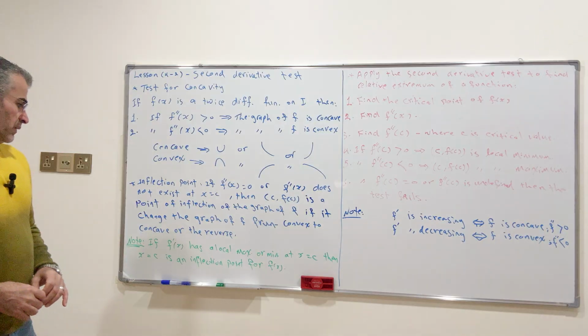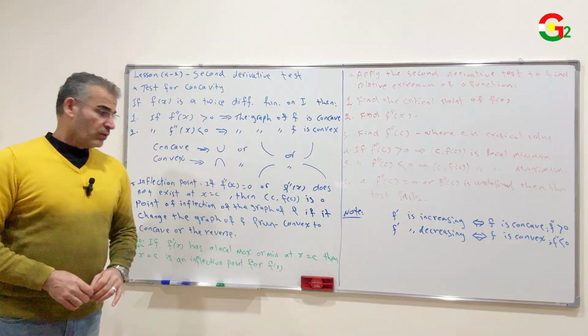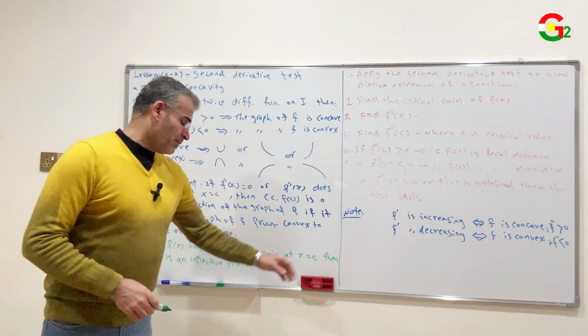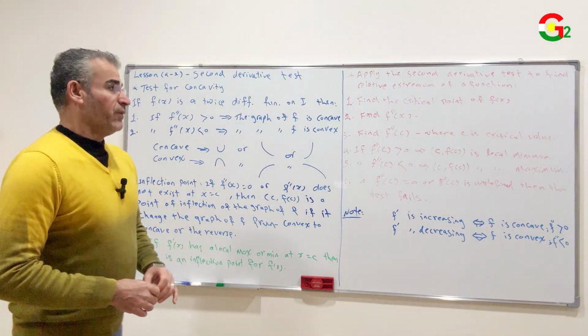Note, if f prime of x has a local maximum or local minimum point at x equals c, then x equals c is an inflection point for f of x.